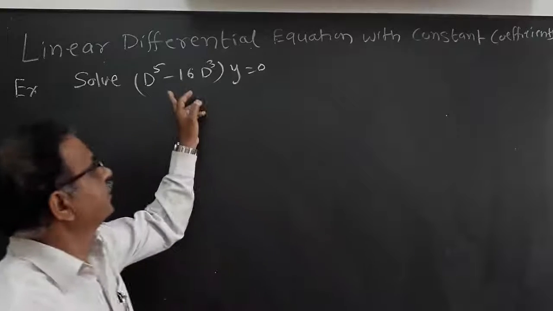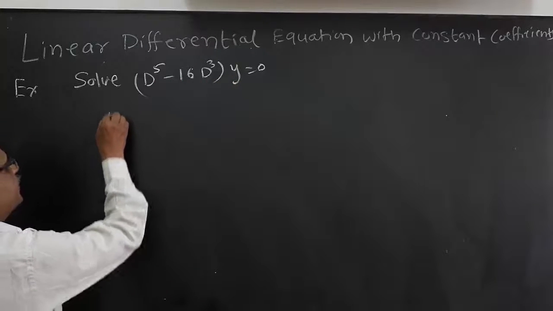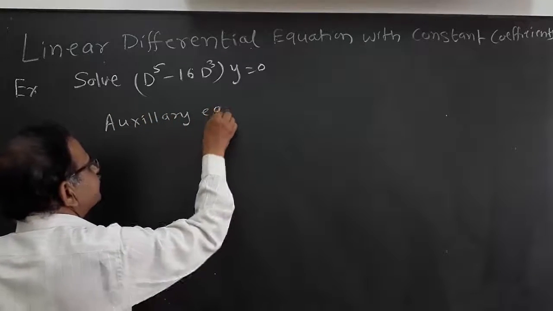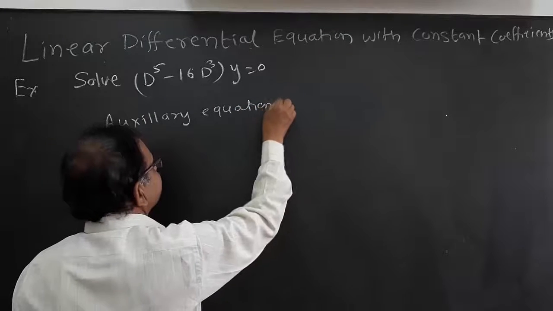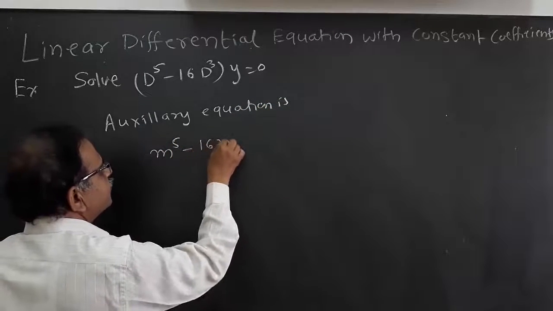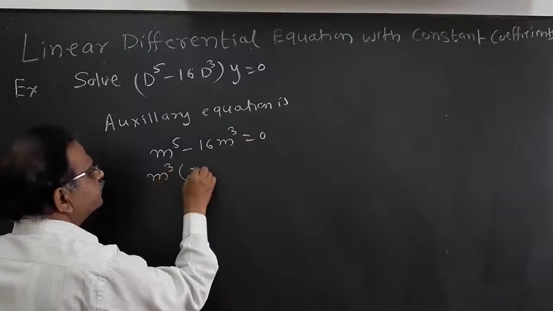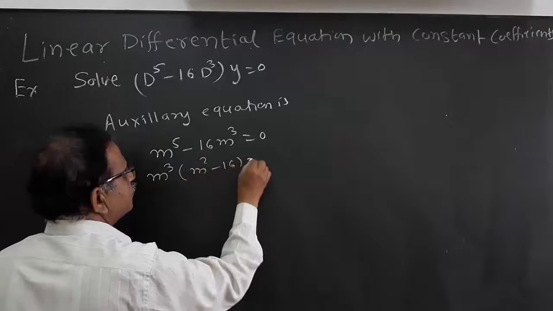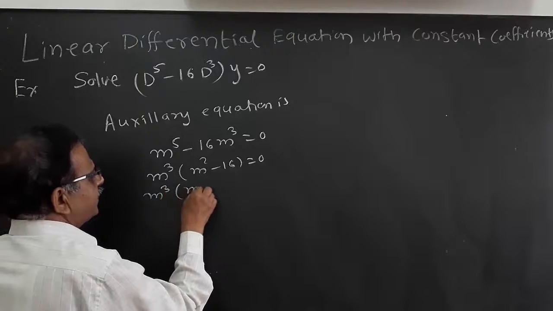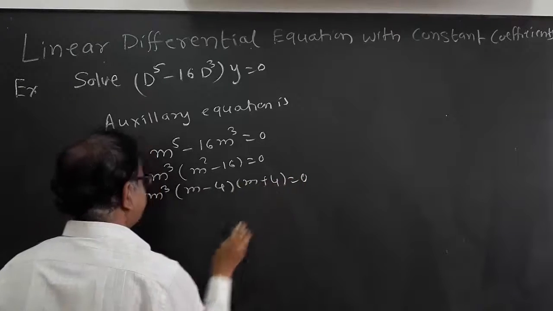Our next problem is solve D raised to 5 minus 16D cube y equal to 0. Its auxiliary equation is m raised to 5 minus 16m cube equal to 0. If I take m cube common, m square minus 16 equal to 0. 16 is 4 square. Therefore, this can be written as m cube into m minus 4 into m plus 4 equal to 0.